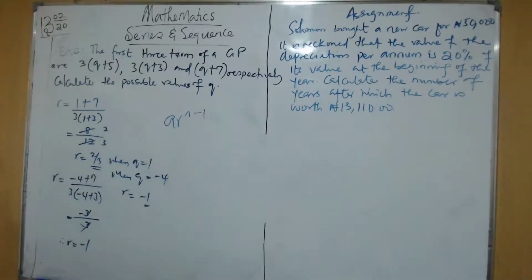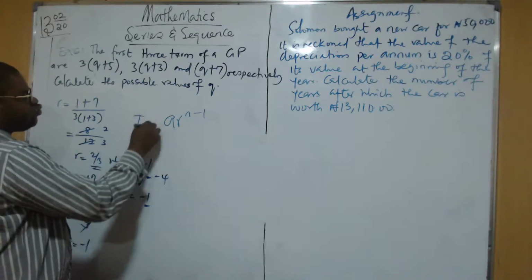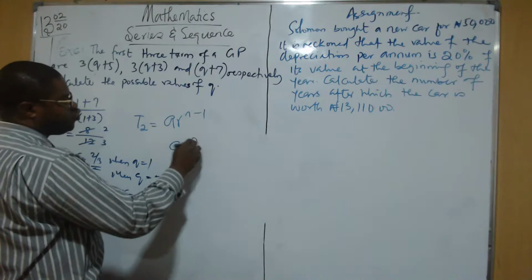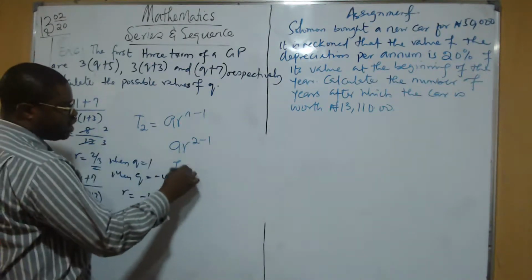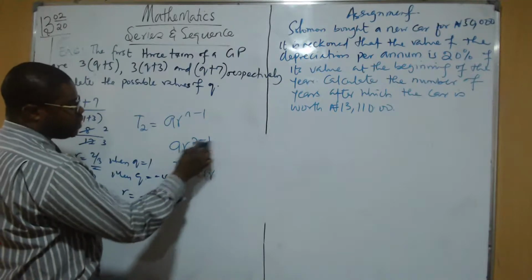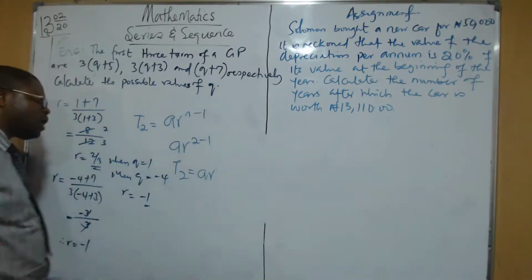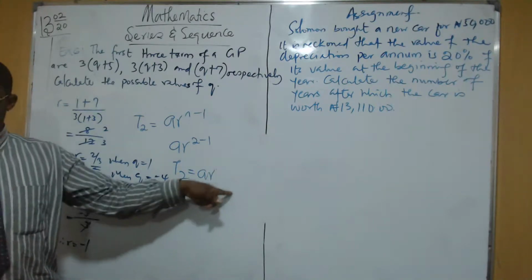For example, the second term, T2, we have A, R to the power 2 minus 1, which is 1. So our second term for our GP is AR.